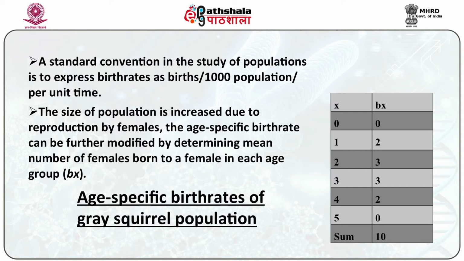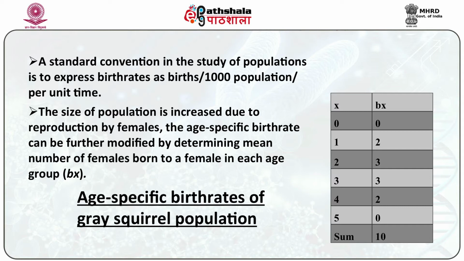This will represent the crude birth rate, and this can be further improved by taking two important factors. First, in a sexually reproducing population, only females can give birth to young ones, and second, the number of births given by a female varies with age.